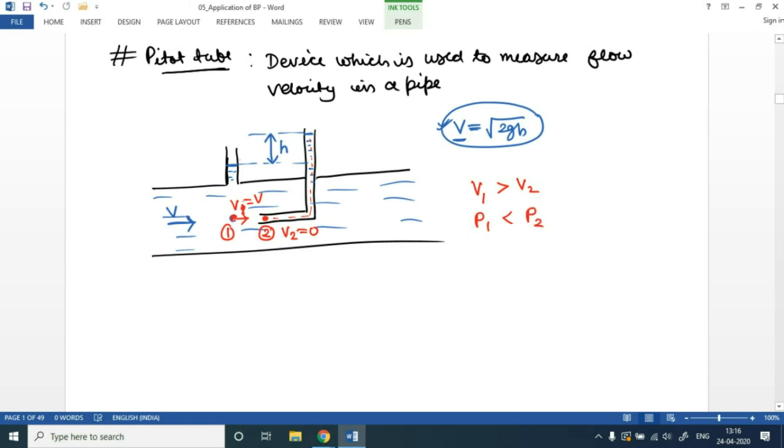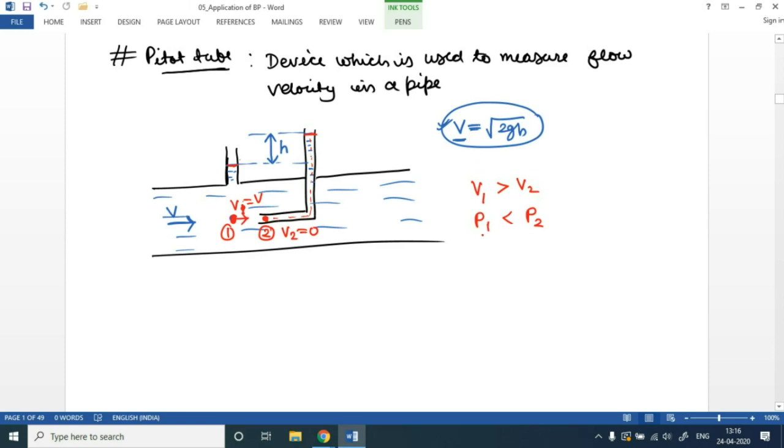So the pressure here is less and it will push the liquid in this column less, and here the pressure is more, so the liquid will be pushed to a greater height in this Pitot tube over here.